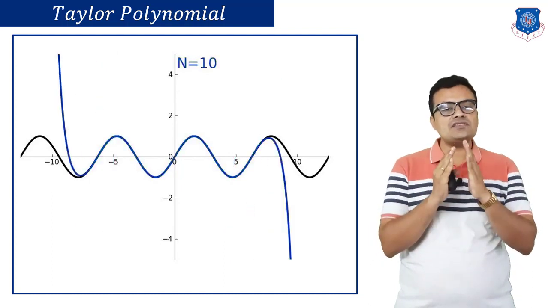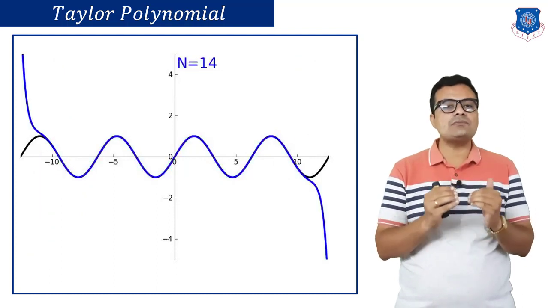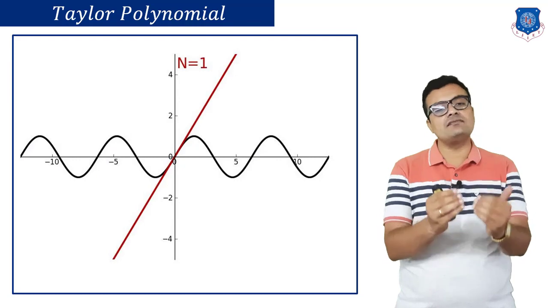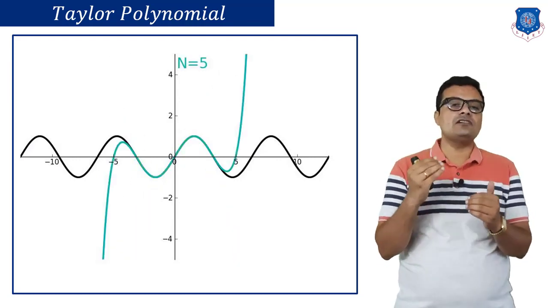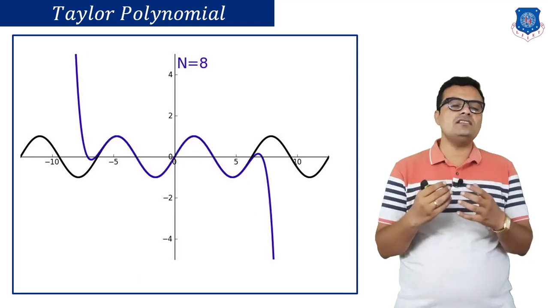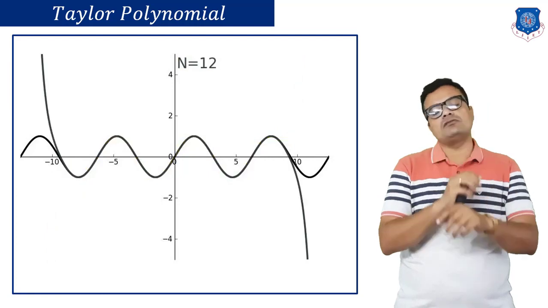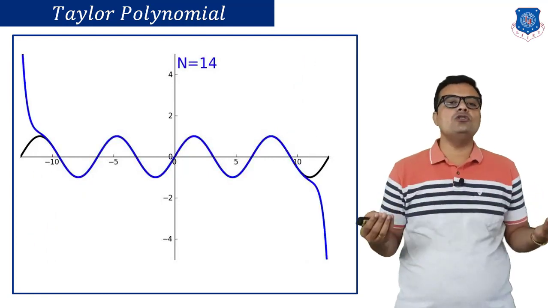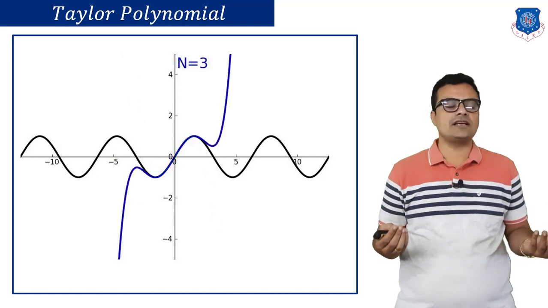It gives you a better approximation as you increase the value of n. If you look carefully, n equal to 1 was a straight line, then n equal to 2, 3, 4, 5. Slowly they are nothing but the embedding of this new graph on our sine curve. The more the value of n, the more accurate the approximation of our sine curve.